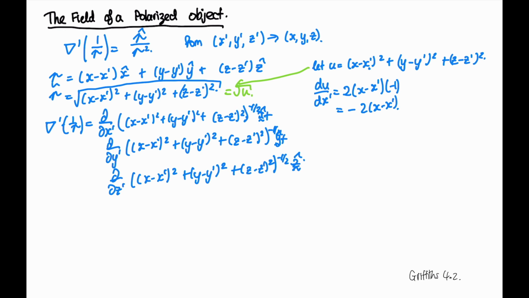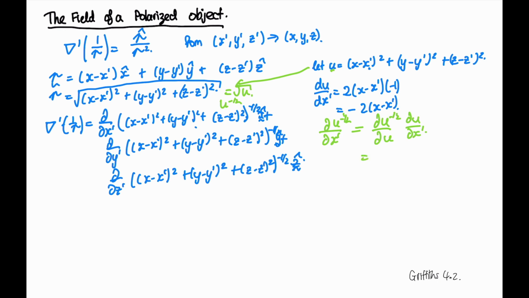Okay, so now we need to differentiate this, but this is part of why we use this u over here. This is u to the minus a half, and we know that d dx prime of u to the minus a half is equal to d of u to the minus a half du, times du dx prime, which is why we did this over here.